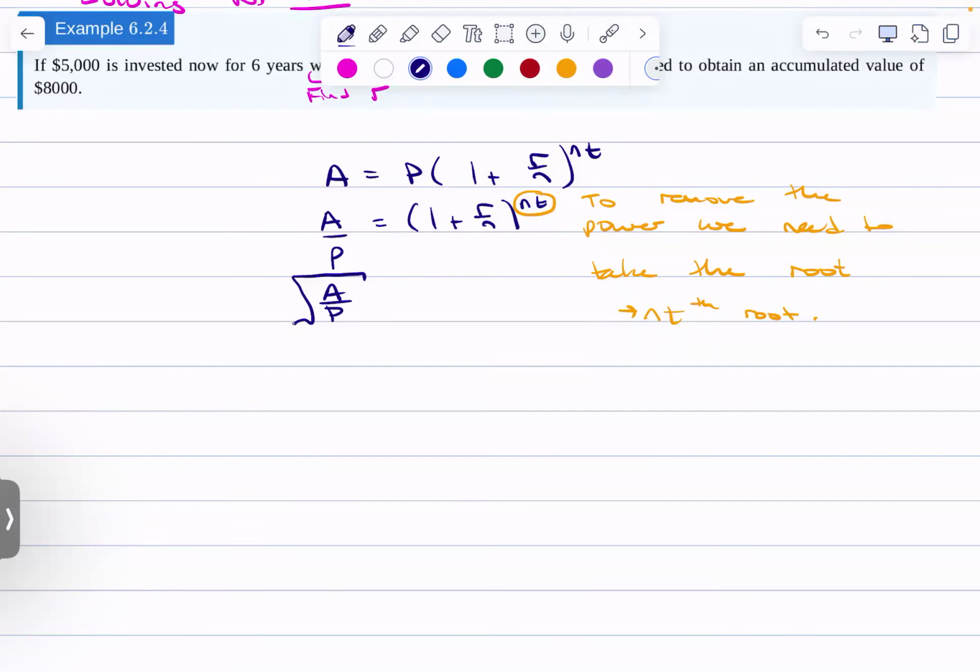You've probably seen the square root. What you can have is this little crook where you can put any root that you want. If I take the n times t-th root of both sides, that's how I cancel this n to the power of n times t.